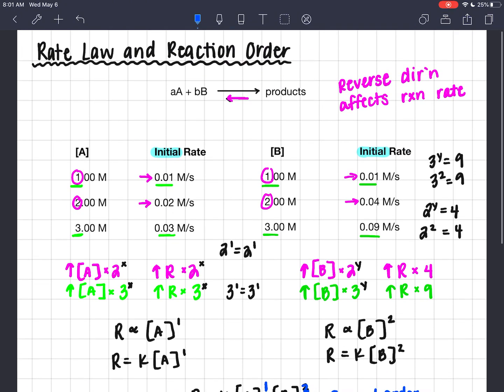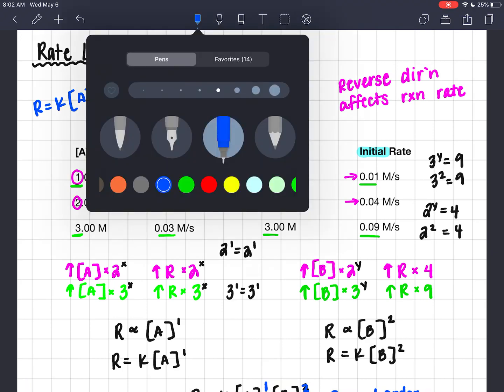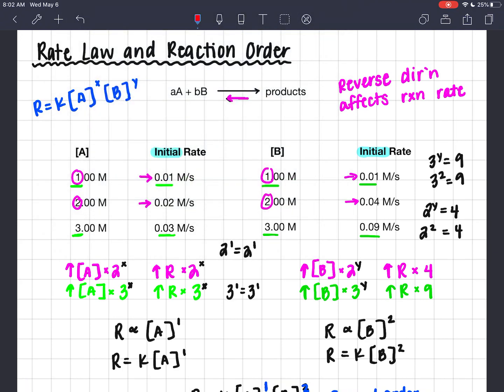So you'll probably see a common notation for a general equation for a rate law written as such. The rate of a reaction is equal to the rate constant times the concentration of your first reactant raised to some power times the concentration of your second reactant raised to some power. Now, here's an important point that I'm going to make. Students commonly confuse this. X and Y, these exponents, must be determined experimentally.